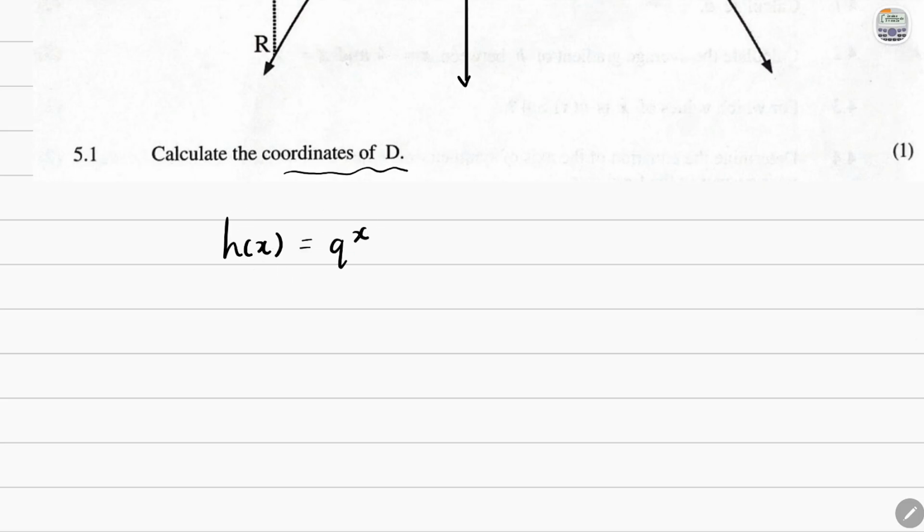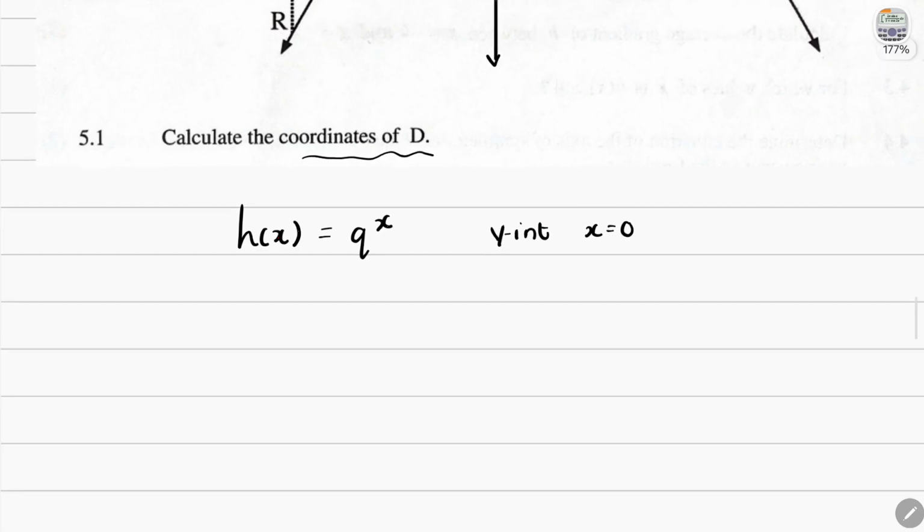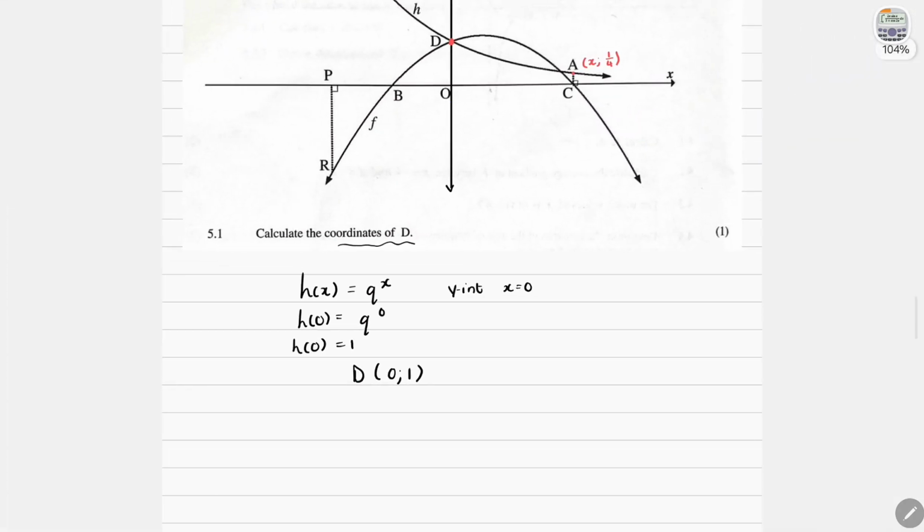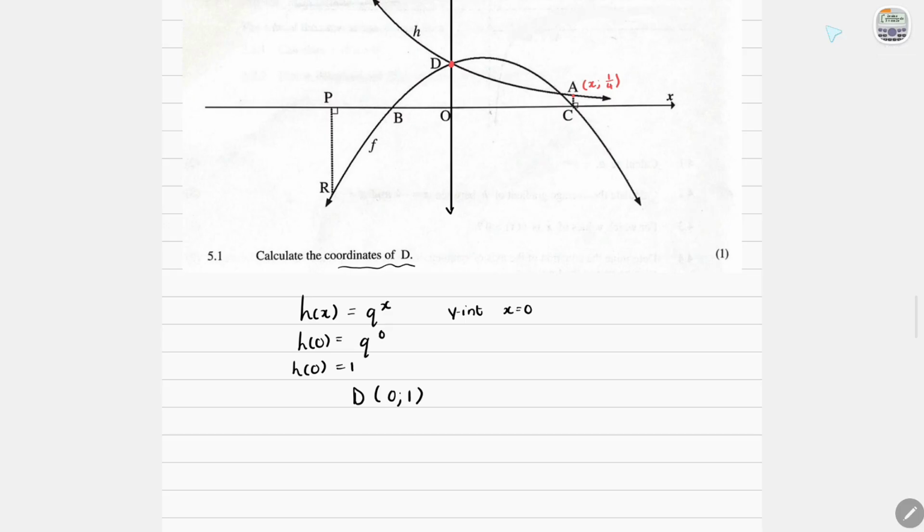To find the y-intercept, you need to make x equal to 0. So h of 0 is equal to q to the power of 0, and anything to the power of 0 is equal to 1. So the coordinates of D are 0 and 1. That is our y-intercept. Moving on to the next question.